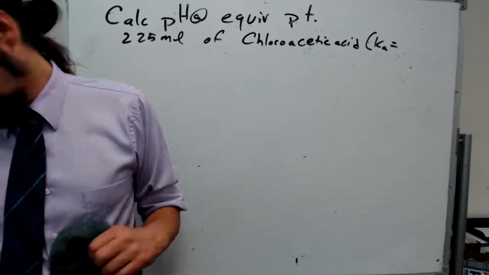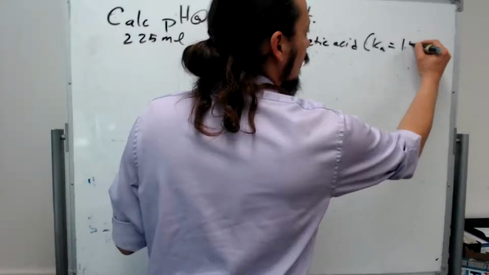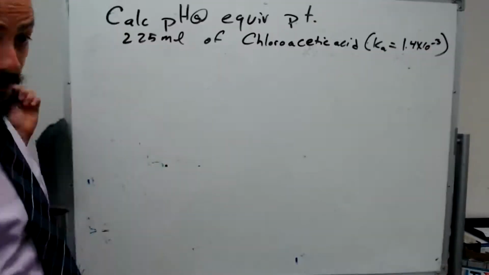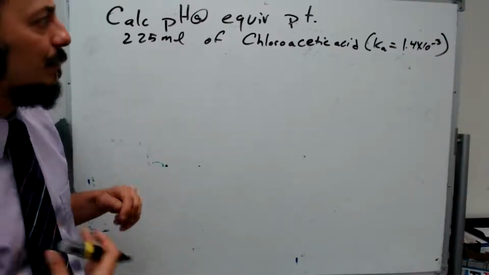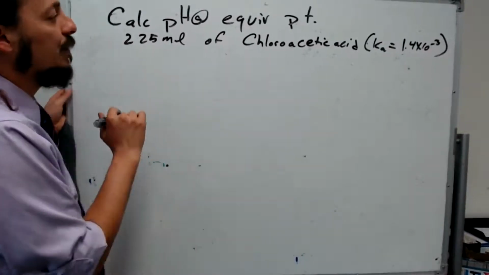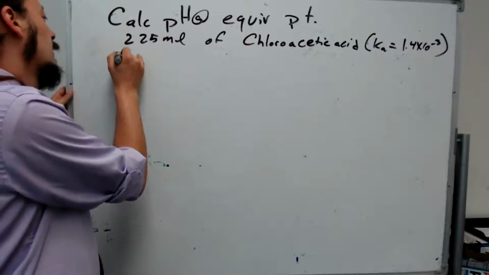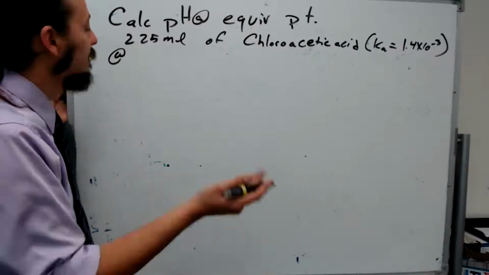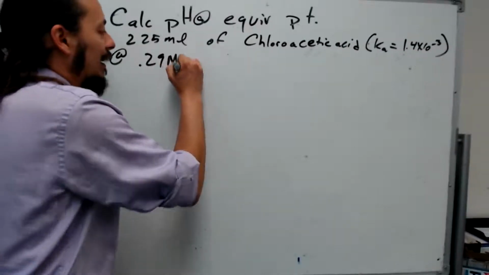Quite a bit smaller, 1.4 times 10 to the minus 3. Which you can make sense of from the structural properties: more electronegativity, more acidic. So we've got 225 milliliters of chloroacetic acid. Let's say, what's your favorite number? 29. 0.29 molarity.